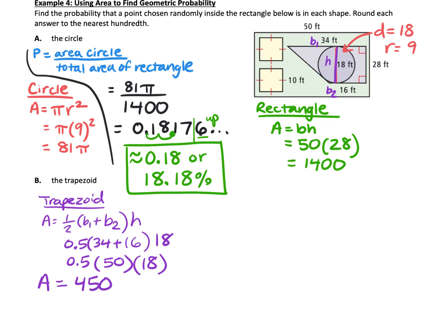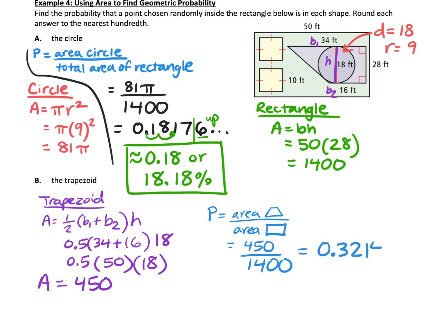Now for our probability, the probability is just going to be the area of the trapezoid divided by the area of the rectangle. So we have 450 divided by 1,400. And if we type that into the calculator, the number that the calculator says is 0.321428.